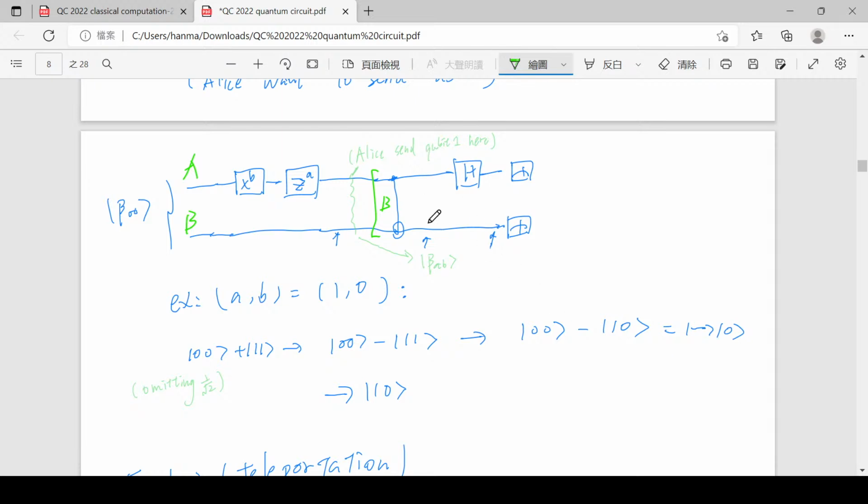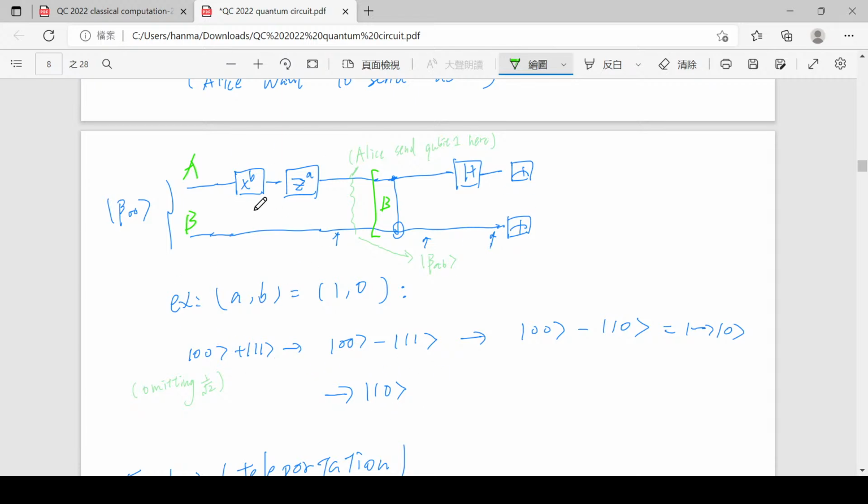So at this point you have the minus state tensor 0. Then you do Hadamard, and the minus state becomes 1. So you see it's 1, 0 here, and when you do measurement, you have 100 percent probability you get 1, 0 because this is a computational basis state. And you see that this circuit works. Alice wants to send 1, 0, and Bob will get 1, 0.